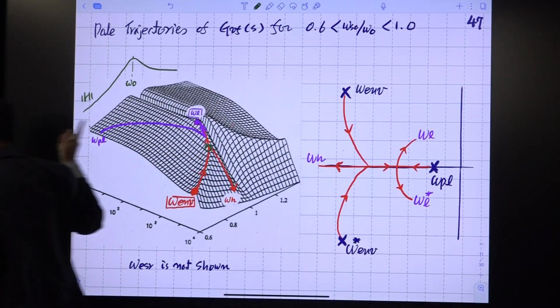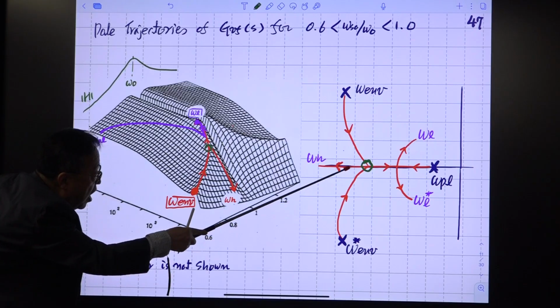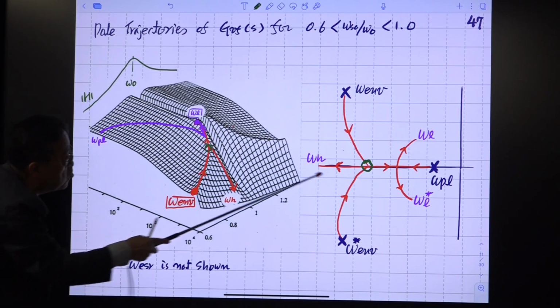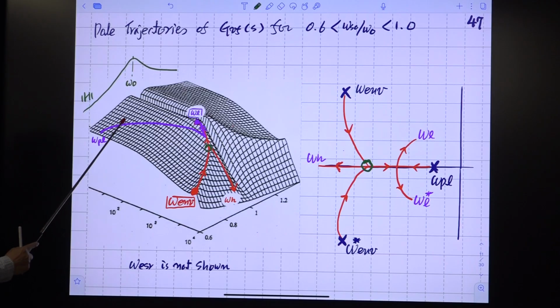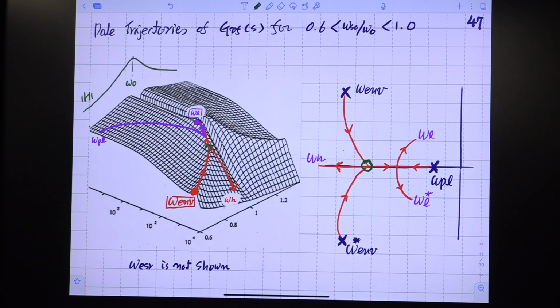And at this point, this green circle, the two poles are split. The double pole is split into two real poles, and one pole is moving toward the higher frequency like this, and another pole is moving toward the lower frequency, and this frequency was increasing. They meet together at this triangular point, and they merge together to become a double pole at low frequency.